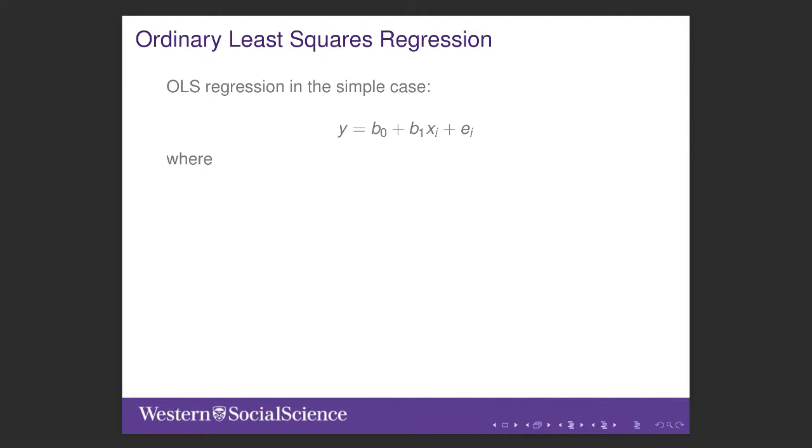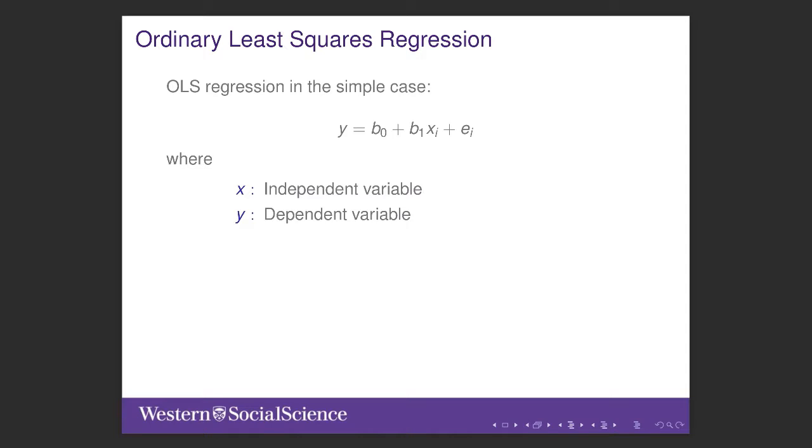In the simplest case, where we have one dependent variable, y, and one independent variable, x, we have an equation that looks like this one. In this case, x is the independent or explanatory variable. It is one of the things that we think helps explain why observations have different values on y. Y is the dependent or outcome variable.